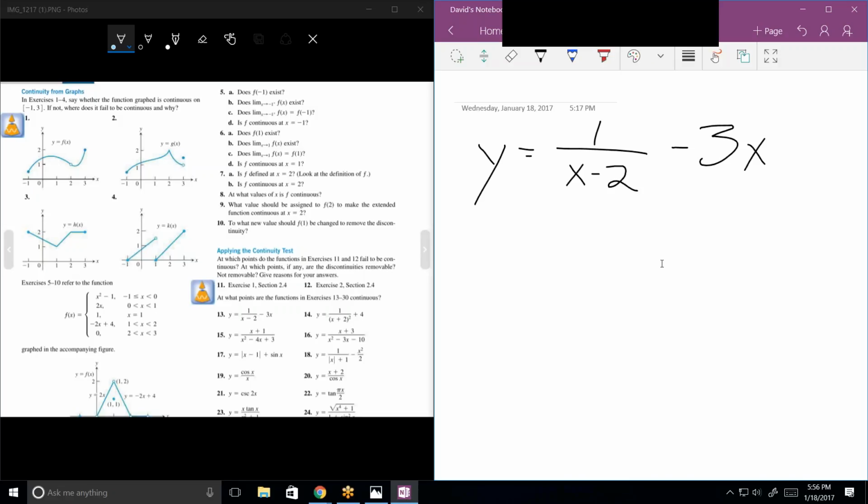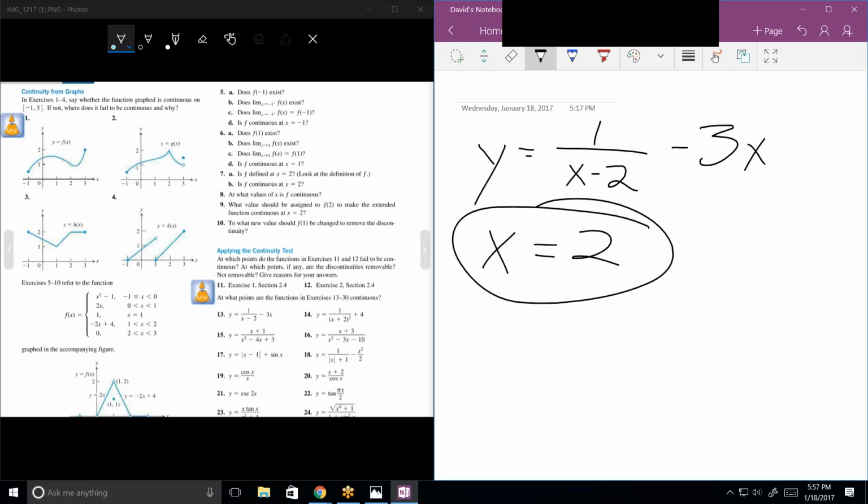That's where it's not continuous. It cannot be continuous whenever you're dividing by 0 because you're going to have a vertical asymptote, and there's no way to get across a vertical asymptote without lifting up your pencil. So the only place is x equals 2 that gives us a problem.